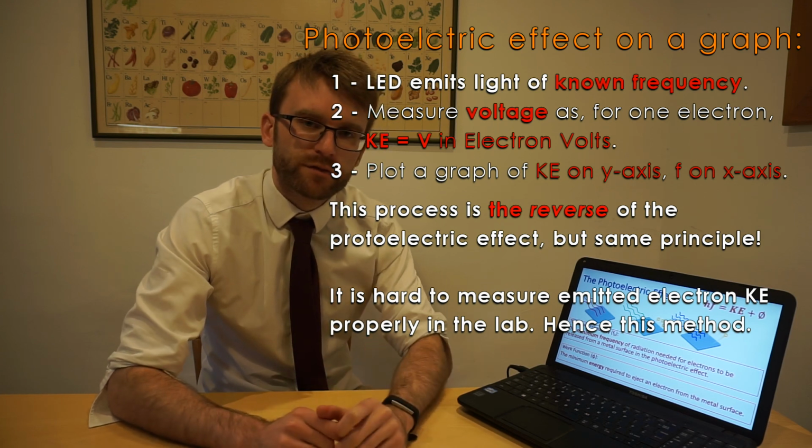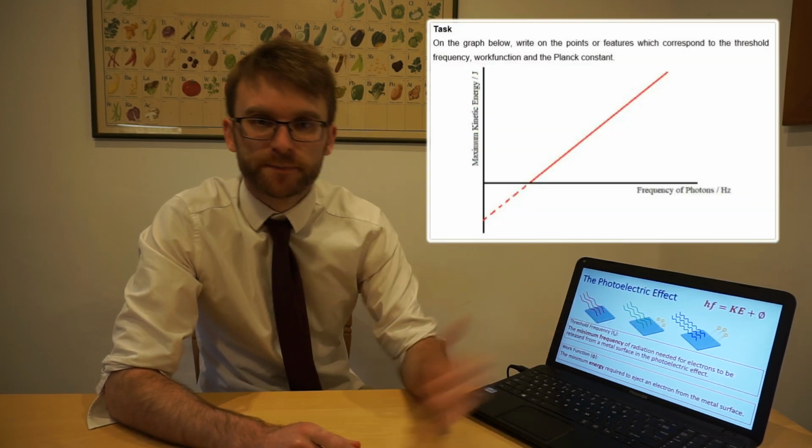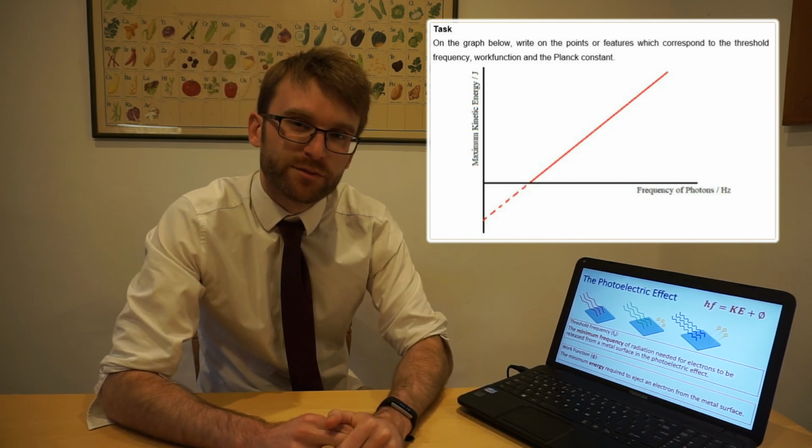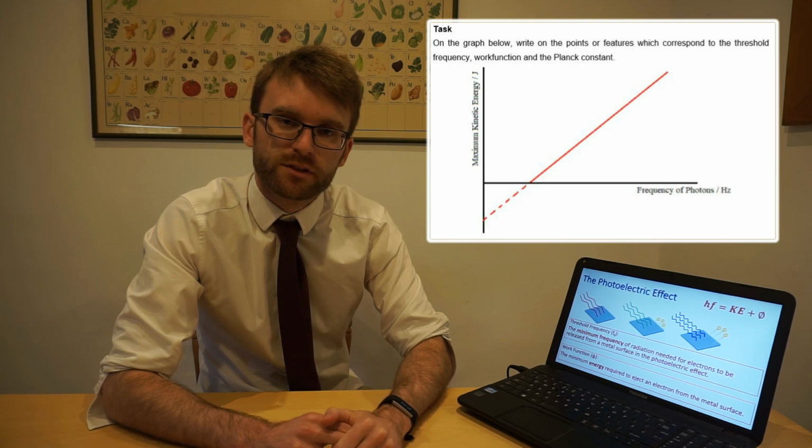You plot a graph with frequency on the x-axis and energy on the y-axis, and you'll find that it looks like this. It goes below and has a negative y-intercept, and the gradient is constant as well.